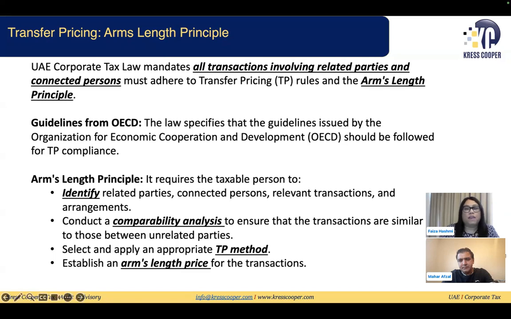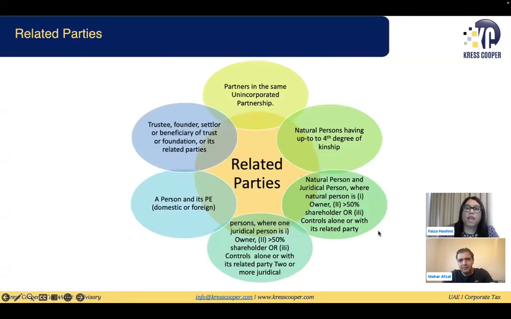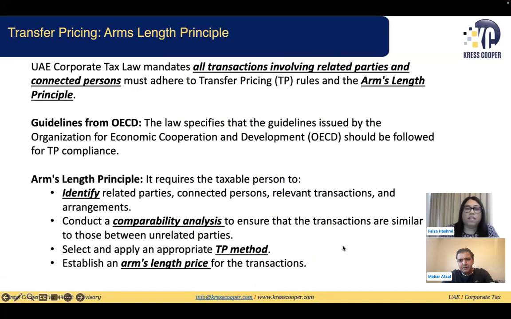That is why in other jurisdictions where corporate tax law is present, these transfer pricing guides are already there, and now the UAE has also introduced them. These transfer pricing rules ensure that the transactions which a company is doing with a third party and with a related party are comparable, that they are the same, and that there's no profit shifting or leakage of tax.